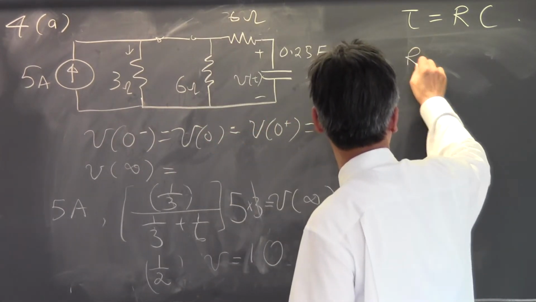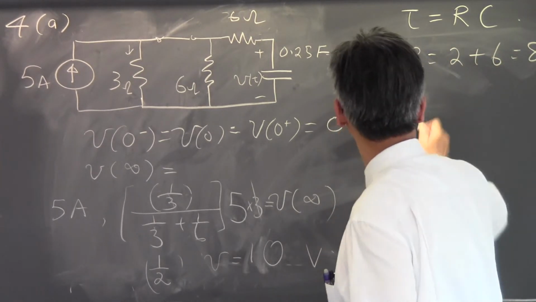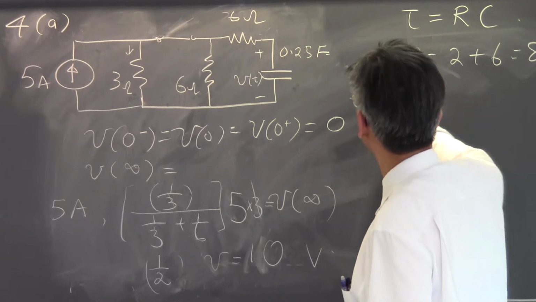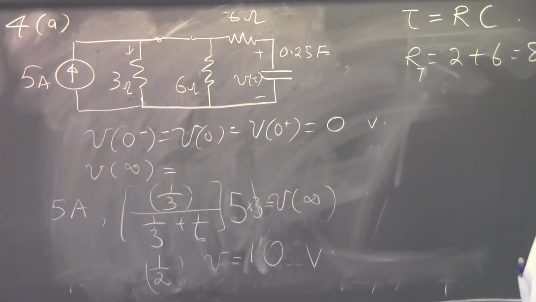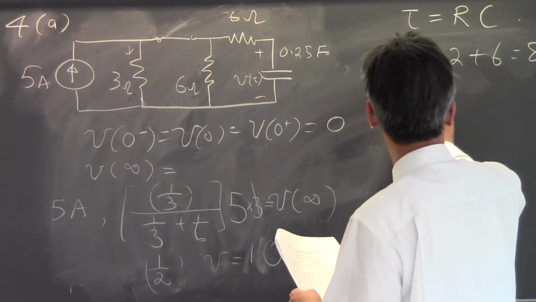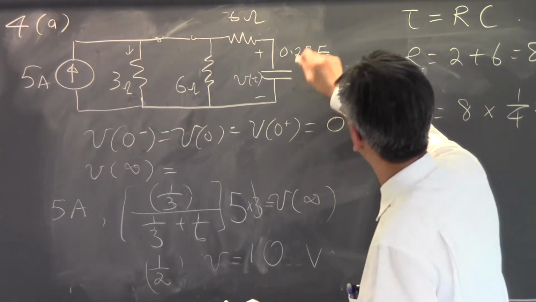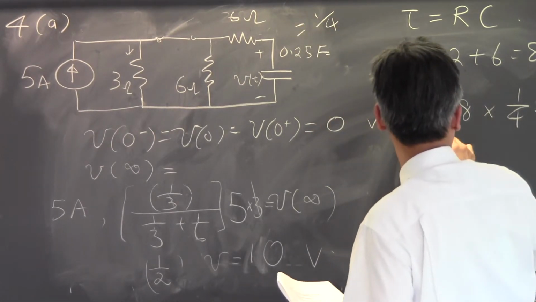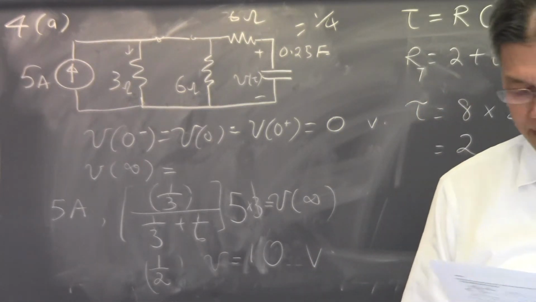So R total will be 2 plus 6, which is 8 ohms. And then the time constant tau should be 8 times 1/4, since C is 1/4, which is 2 seconds. The time constant is 2 seconds.